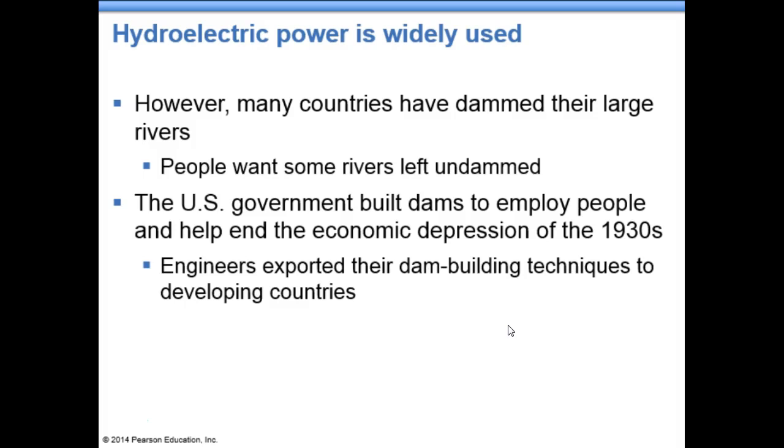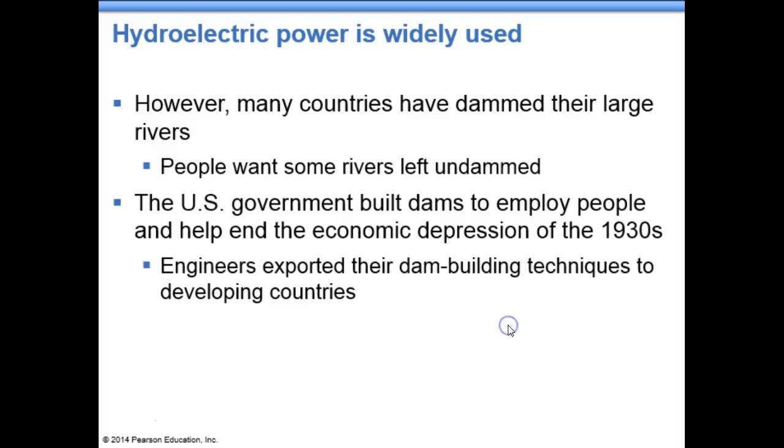American engineers, after they slowed the damming projects here in the States, took their expertise to different nations in the developing world. In India, the Prime Minister commented in 1963 that dams were the temples of modern India.